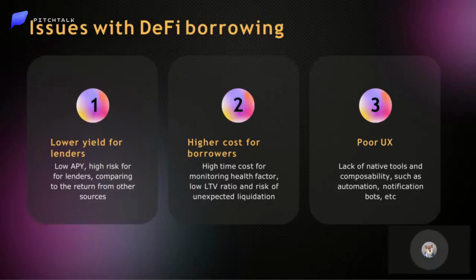For borrowers, the time cost of monitoring, the low LTV ratio, and the risk of unexpected liquidation make the overall cost of borrowing high, and there is also generally poor user experience because of the lack of native tools and compatibility of lending tools.